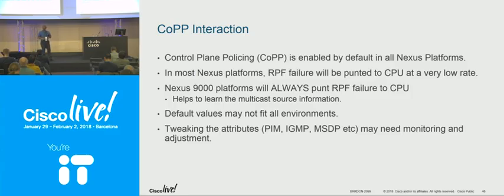So if you still want to do those features, then we need to tweak the attributes to ensure that the packets are not dropped, even though you have the software replicate command enabled. Of course, we have a slide talking about that, so don't worry. Though you have that command, CoPP might come into the picture and drop the packet, so ultimately the receivers may not receive it. So like I said, if you have any specific reason to do that, it's better to test and tweak the attributes in a testing environment, and then move those values to the production environment.